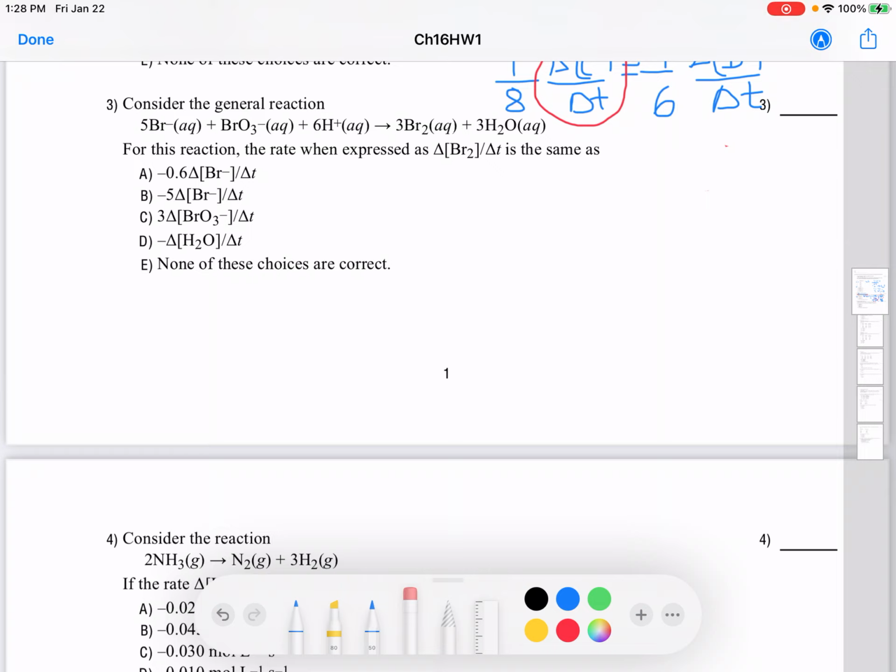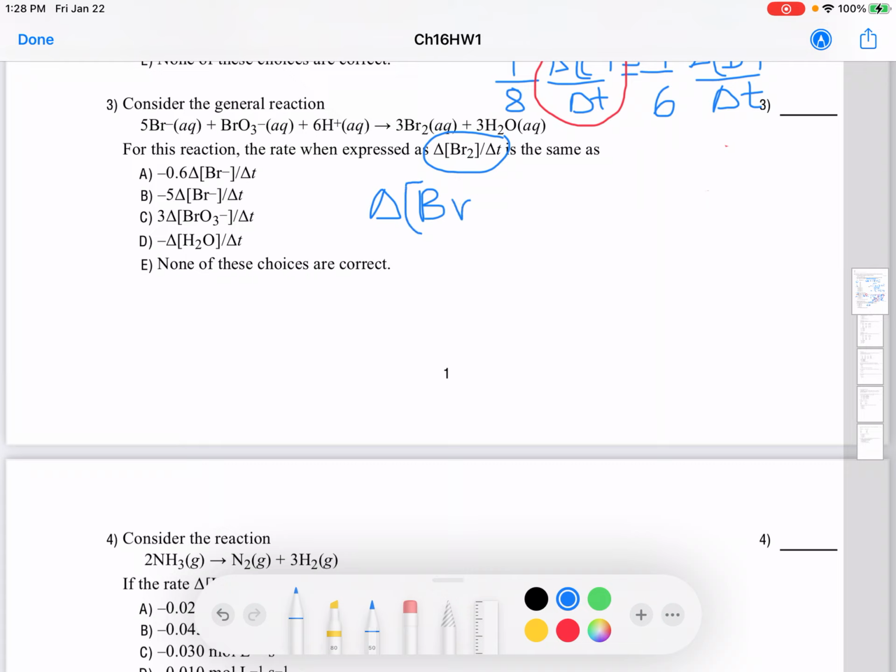Let's see which one is going to be the correct answer. Let's take this one. Bromine, we are going to compare with the other ones. Let's go ahead and write down that one first.